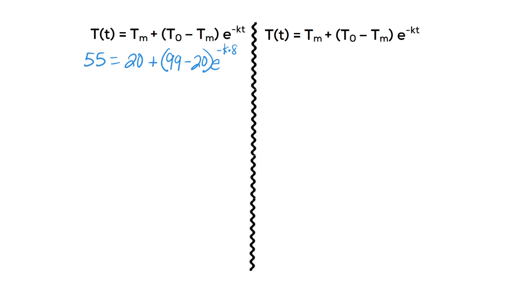The unit of time doesn't really matter as long as you're always consistent. So I pretty much dictated, okay, I'm going to be in minutes here. Now what I'm going to do is start peeling away to solve for that k. So let's subtract the 20. And I can go ahead and do the 99 minus 20. That's just 79 e to the negative 8k. So now I'm going to do 35 divided by the 79.